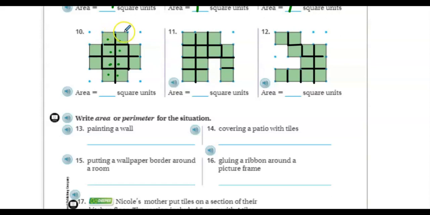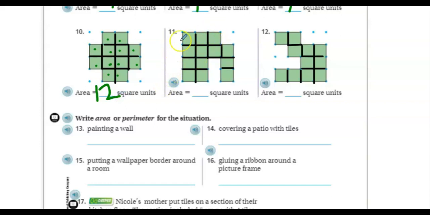Or you could have seen here that you had 4 groups of 2. 1, 2, 3, 4. And so you could have multiplied 2 times 4 and got 8, 9, 10, 11, 12, and added on the extra square units.